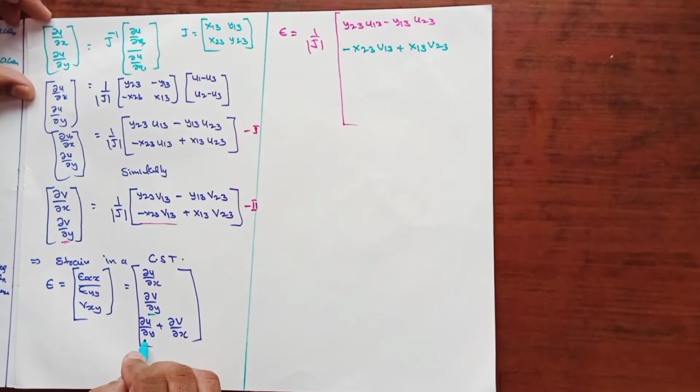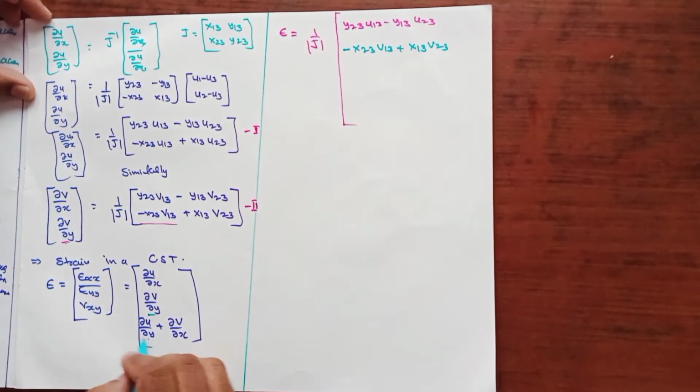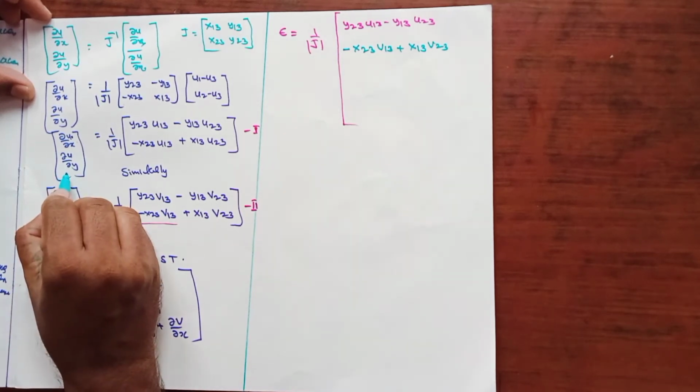Next one would be ∂u/∂y, which can be picked up from equation number 1.